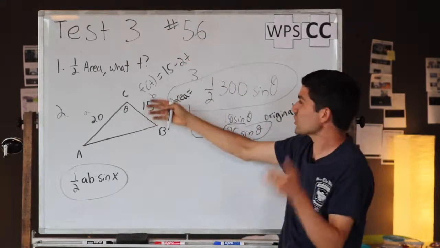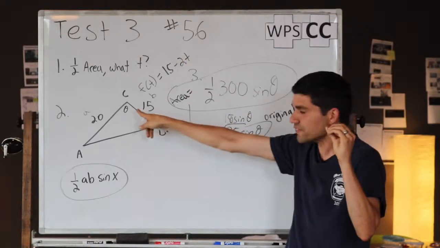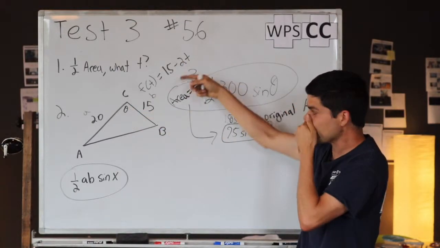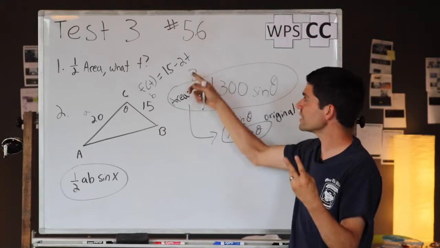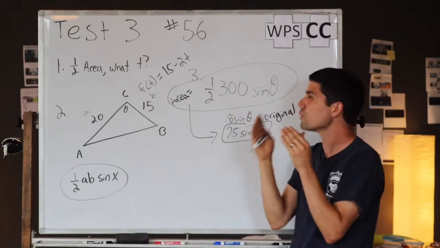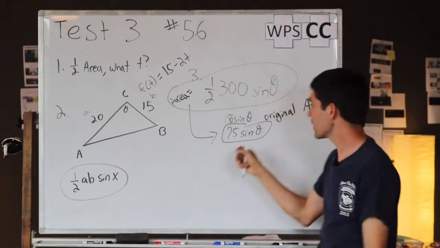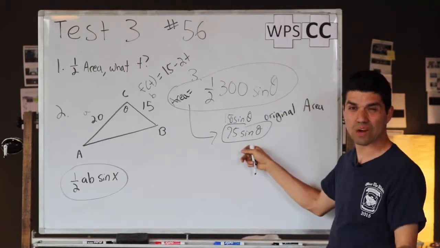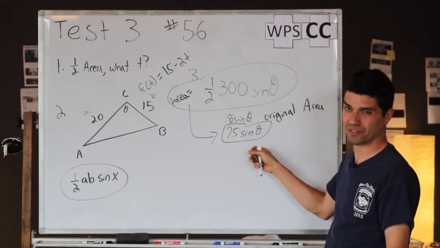So at 0 seconds, it's 15. At 1 second, it goes down to 13. At 2 seconds, it's 11, and so forth. It's shrinking and shrinking. And they want to know at what time the area is now 75 sine of theta.